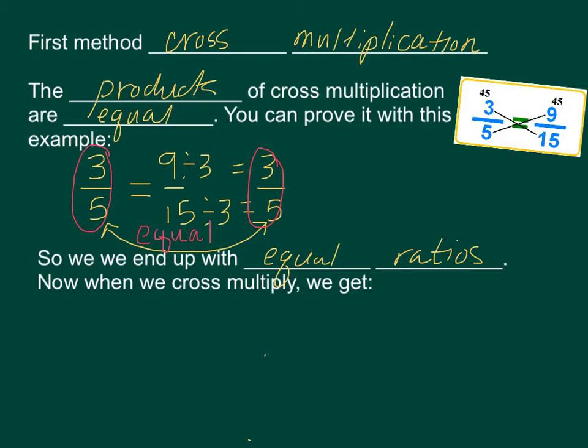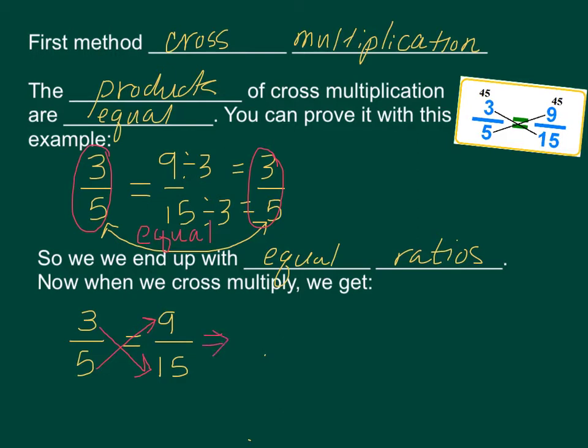So let's look at what's happening when we are actually cross multiplying. We have our first ratio of 3/5, and we're saying that is equal to 9/15. To cross multiply, we multiply the 3 by the 15 and then the 5 by the 9. That's why it's called cross multiplication, because it makes a big cross there.